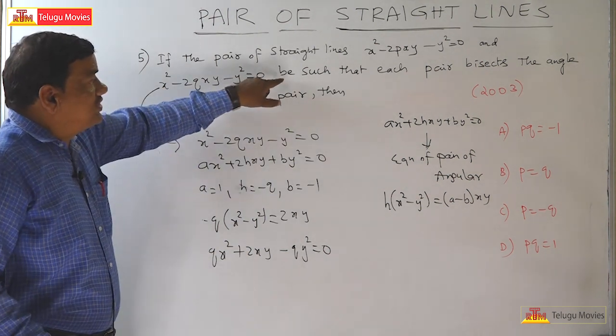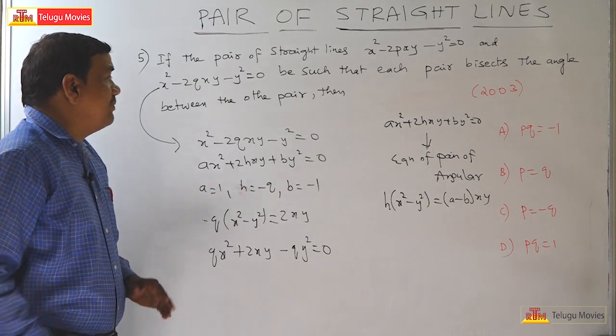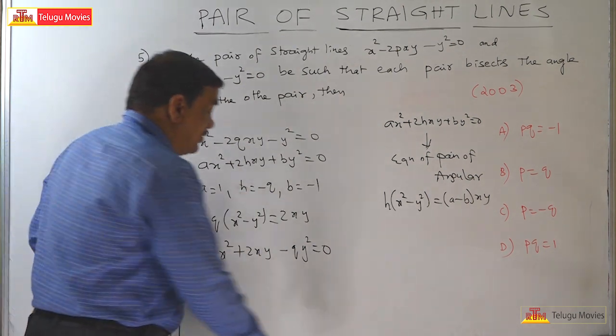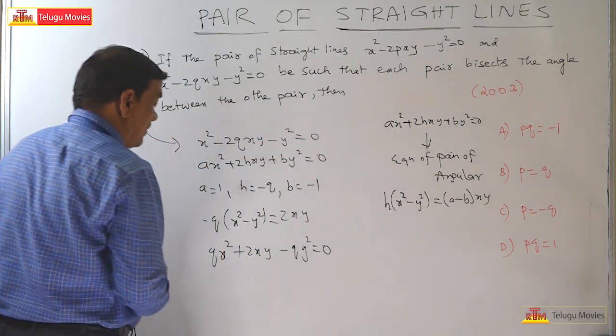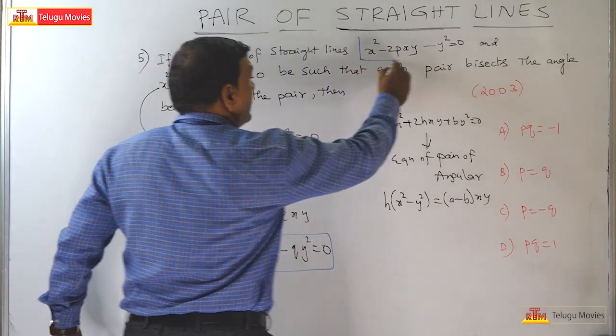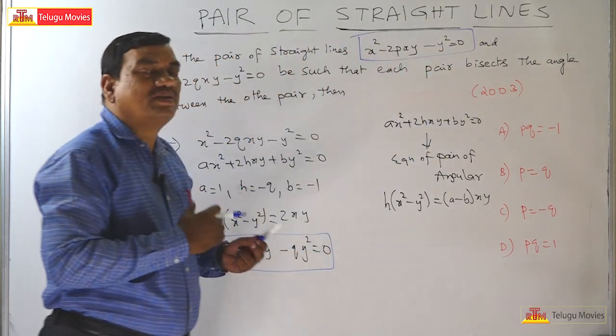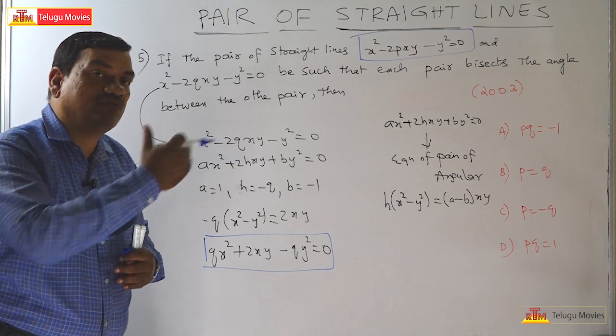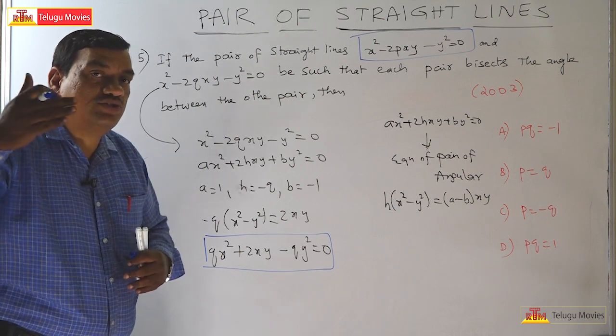According to the condition that each pair bisects the angle between the other pair, this line and the given first line both represent the same pair of lines. That means they are identical lines. Identical lines means a1 by a2 is equal to b1 by b2 is equal to c1 by c2.